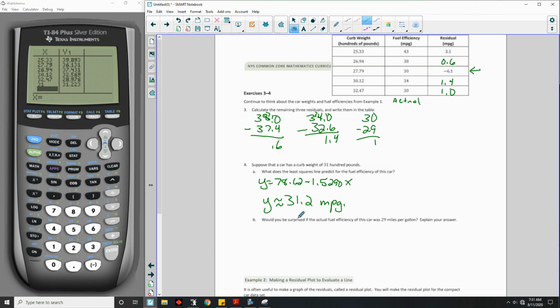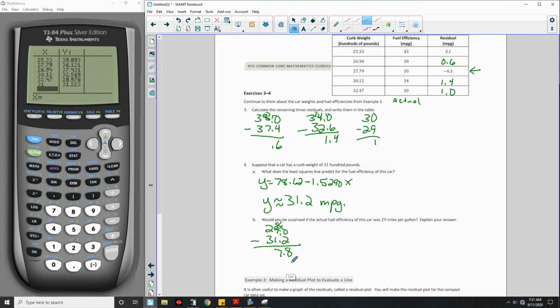Well, what they're asking is if 29, so if we took the actual 29 and subtract our predicted of 31.2, 10 minus 2 is 8, 8 minus 1 is 7, that would be a residual, I'm sorry, is that right? 31.2, 29?